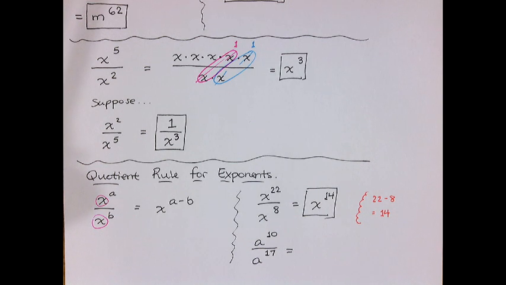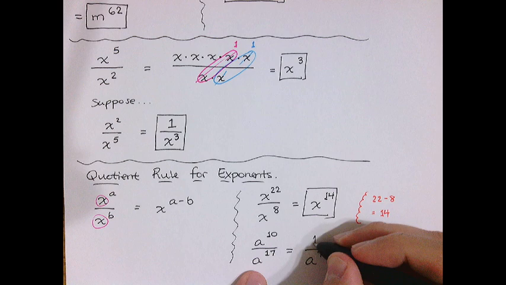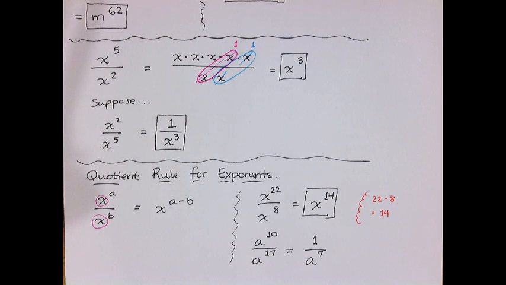When I come to this problem, where do I have more factors of a, in the top or the bottom? Because that's where the answer is going to be. You see that we have more factors of a in the bottom, so in my fraction, that's where they're going to be, and I have 7 more factors of a, so that's where they remain. Which means I'm going to have a 1 in the top. What you have to make sure that you understand is that you cannot leave the numerator empty. There must always be something in the numerator.